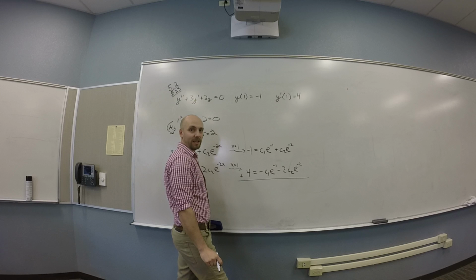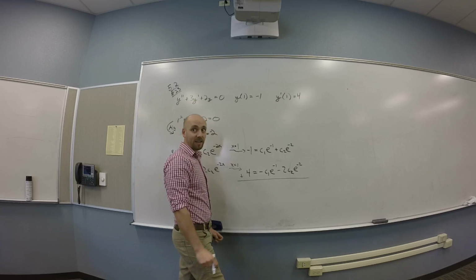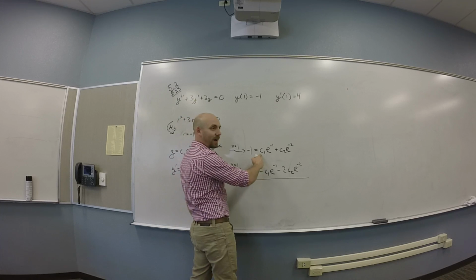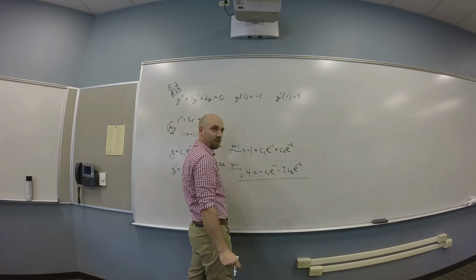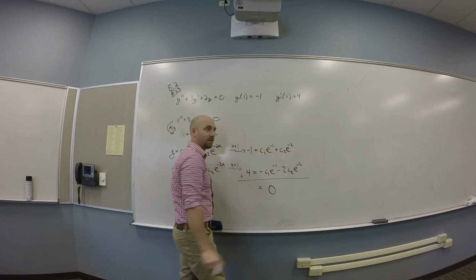You see why it's a good idea to add these together? It's not always a good idea, but in this case I have c1 e to the minus 1 and minus c1 e to the minus 1 there. So that's going to be a big old fat 0.